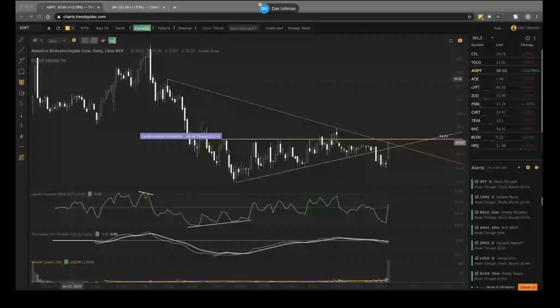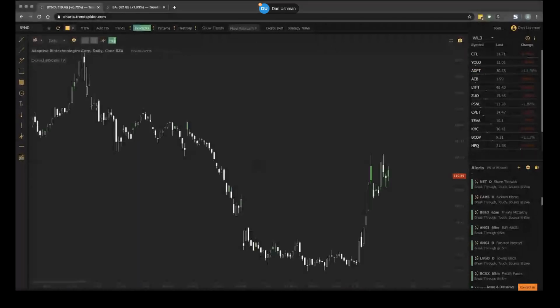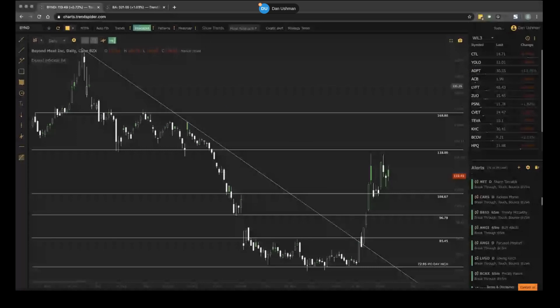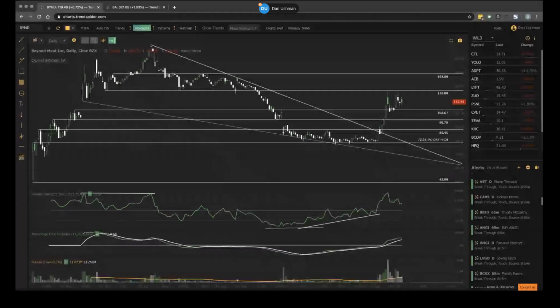So let's see, we got a few requests here. We'll pull up Beyond. And if you want to share a little bit about the scanner and the conditions you sometimes look for, Dan. Yeah, I'll definitely show you guys the scanner. I'll take these 4 symbols: Beyond, Roku, Snap, and CTSO, and then I'll pop into the scanner and show you guys that, because the scanner is one of the coolest damn things we've built in a long, long time.